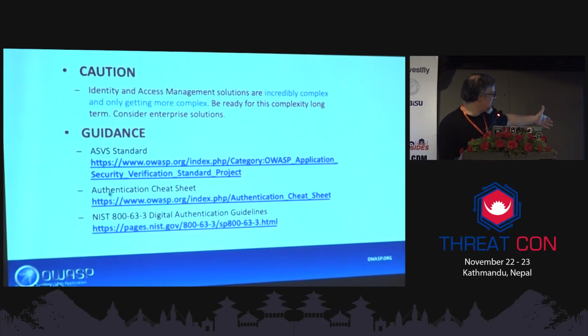We have the ASVS standard, we have the authentication cheat sheet, we have NIST 863-3 that talks about these new rules, and if I could add one more, I would add the OWASP Password Storage Cheat Sheet, where we talk about these rules in great detail.